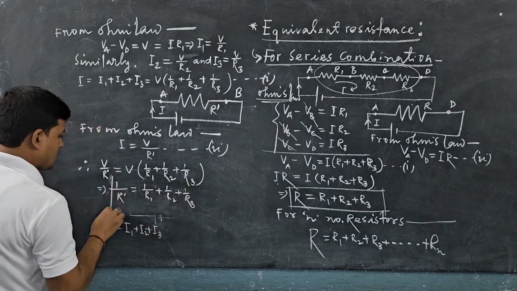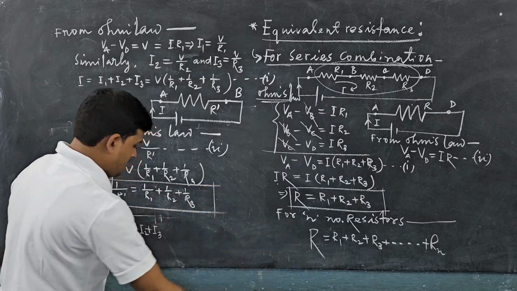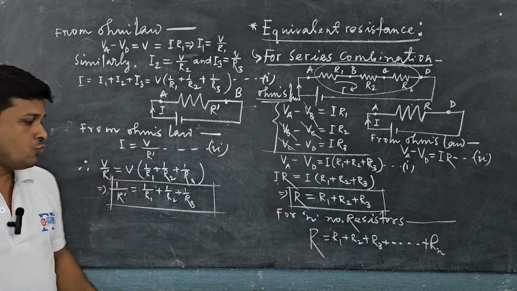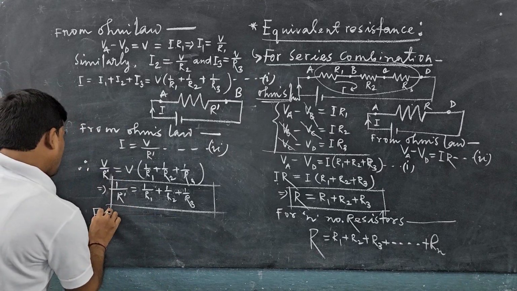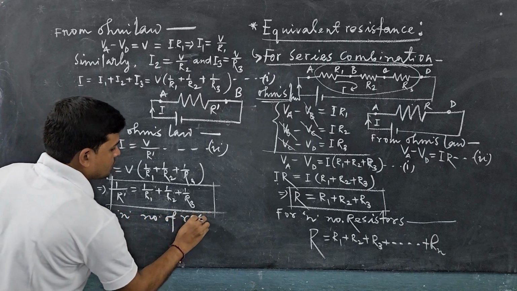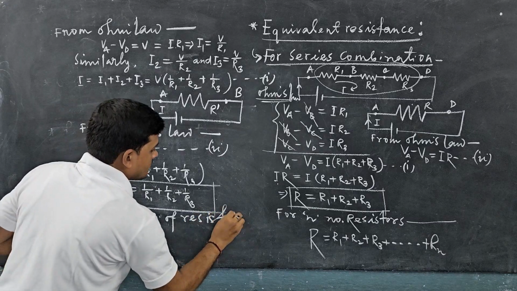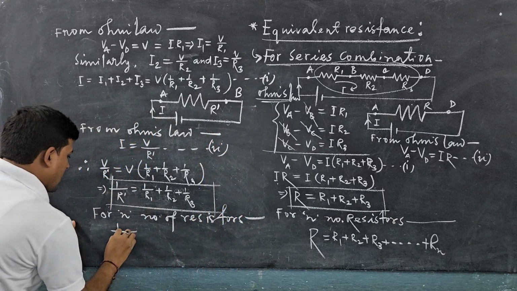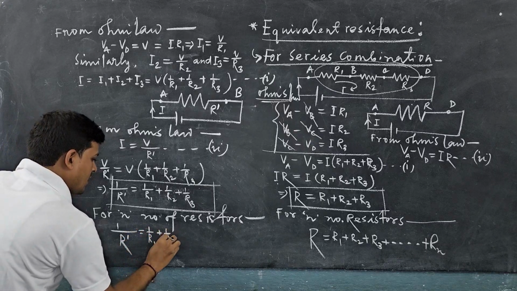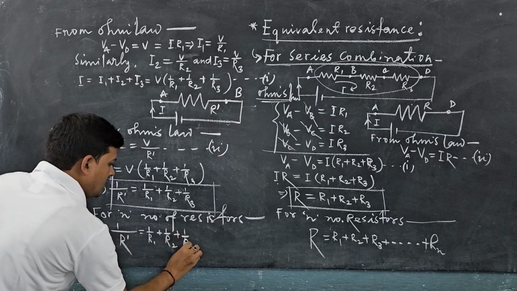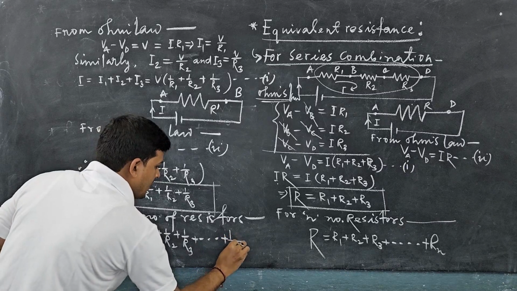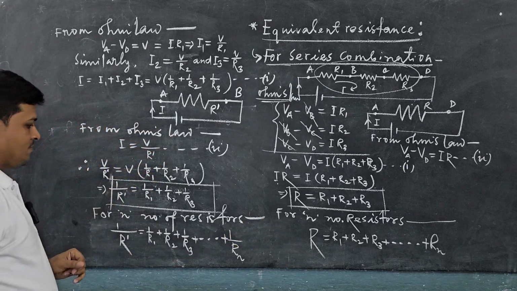If n number of resistors are connected in parallel combination, then for n number of resistors, 1 by R prime equals 1 by R1 plus 1 by R2 plus 1 by R3 plus up to 1 by Rn.